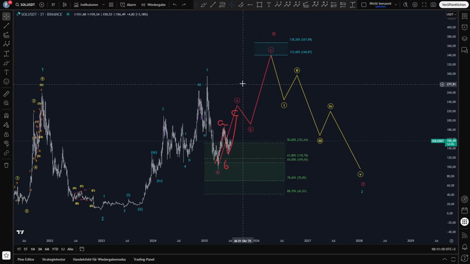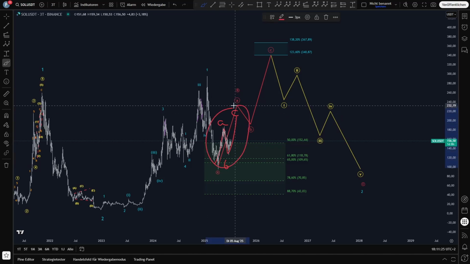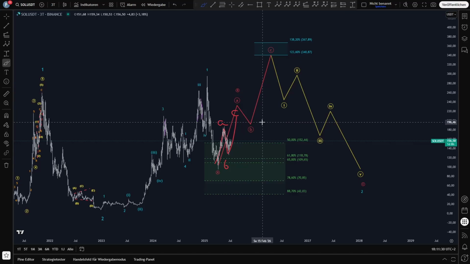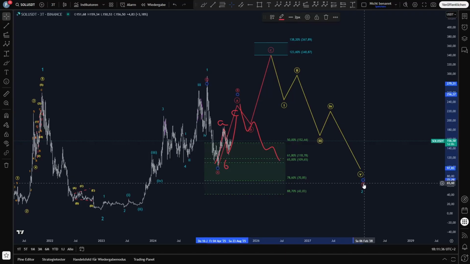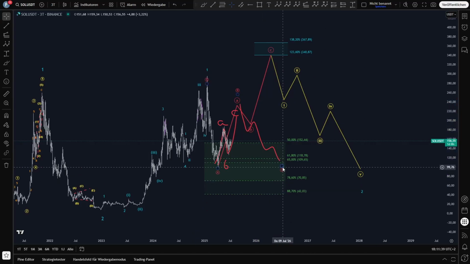The second scenario would be that this ABC structure that we are completing right now could be our B wave, because a B wave is a 3-wave move, and this 3-wave move could be sufficient for this B wave. In that case, we would only see a normal B wave from the length and then go down in this C wave. Those are the two possibilities in this B wave.